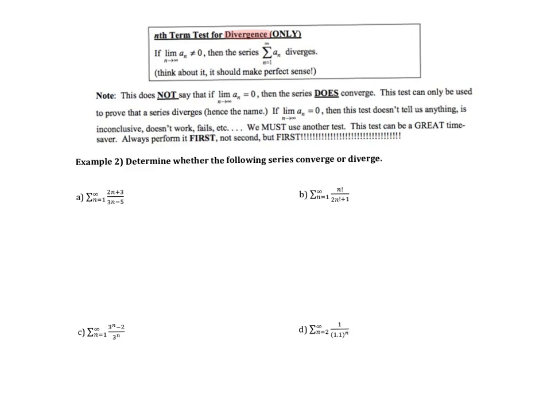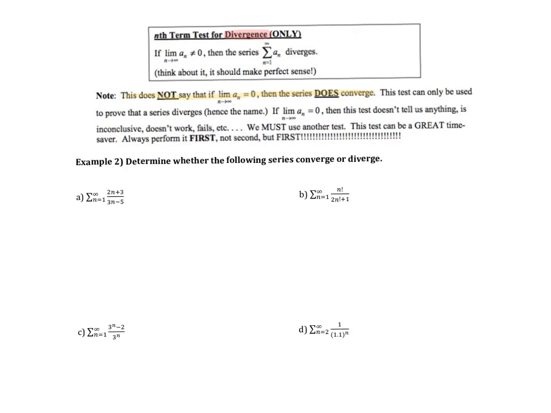Note, this does not say that the series will converge if the limit is equal to 0. That limit could be equal to 0, but that doesn't necessarily mean that it's going to converge. It means it might converge. But we do know if the limit is not equal to 0, it is definitely going to diverge.